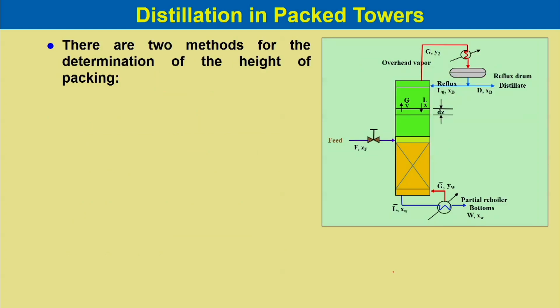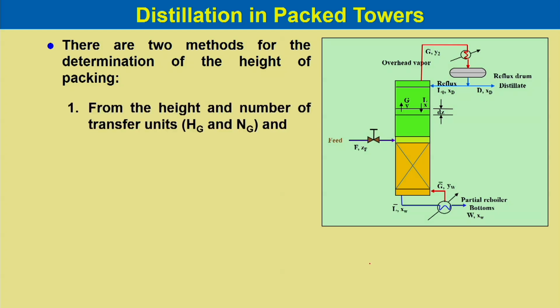There are two methods for the determination of the height of the packing. One of them is from the height and number of transfer units, as we have discussed in case of packed towers in absorption, and the second method is based on the HETP, height equivalent to a theoretical plate.